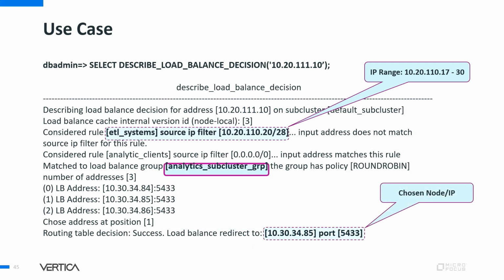And you can see I set the policy as round robin, so it will choose the node based on the round robin algorithm. 10.30.34.85 is the chosen node or IP based on the round robin algorithm. So all these jobs will be running only on the analytic subcluster, which contains this initiator node. So this is how it works in the background once you set these routing rules.